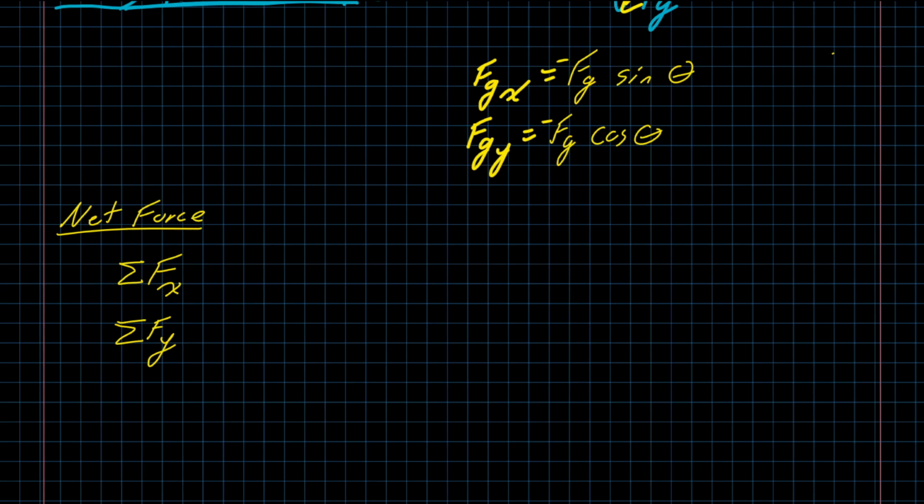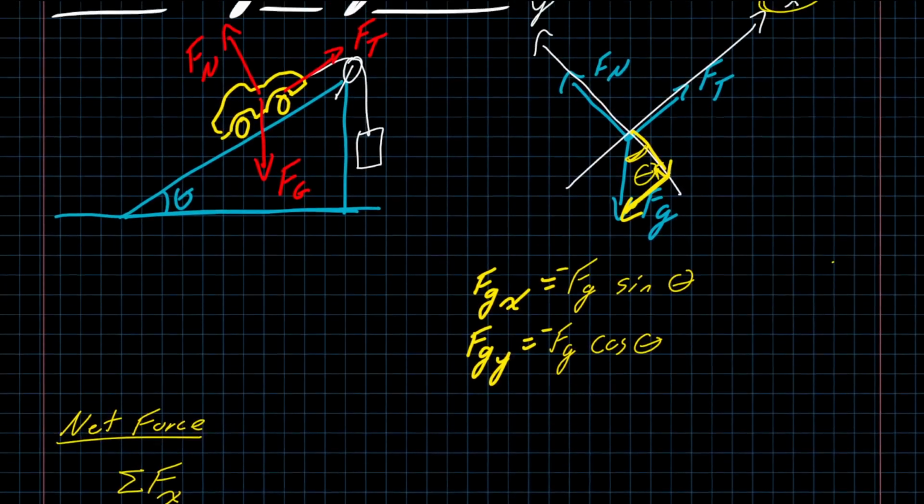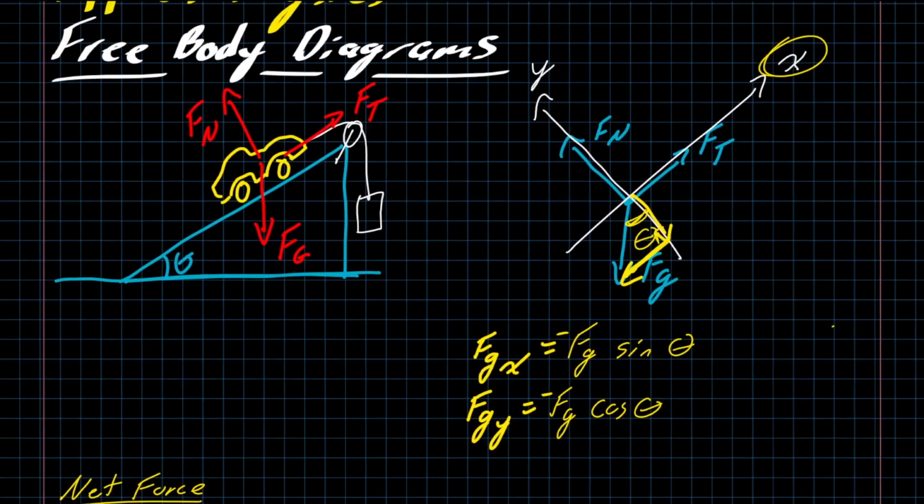And this is where the free body diagram is so useful. In the x direction, I've got tension, and I've got the x component of gravity. Those are the only things happening in the x direction.